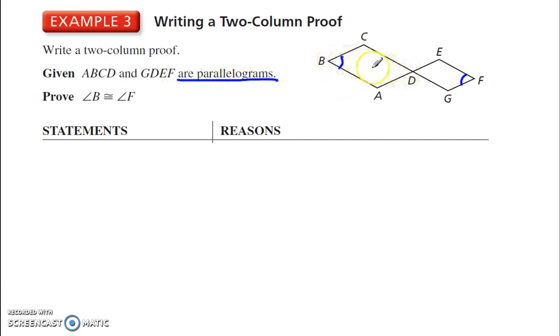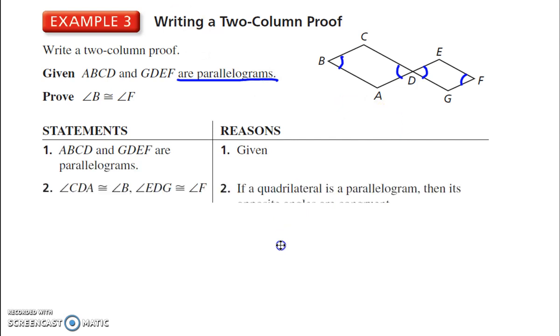We know that opposite angles are congruent. So we know that this one is congruent to that one, and we know that this one is congruent to this one. And these two are vertical angles, so these have to be the same, and therefore this. Alright? So all we have to do is write that down. Pretty easy. We were given that those are parallelograms. Okay?